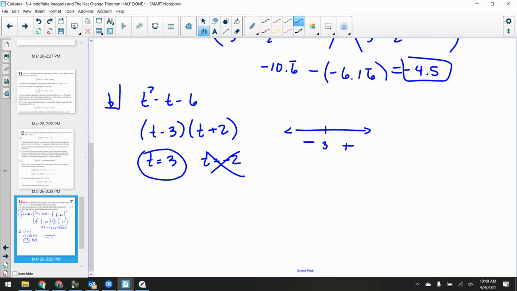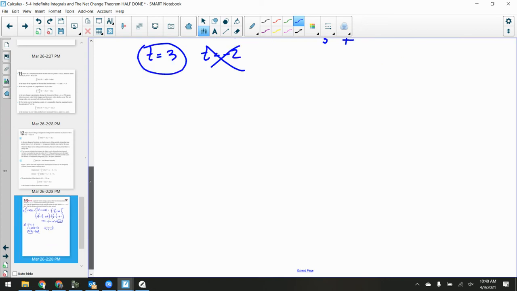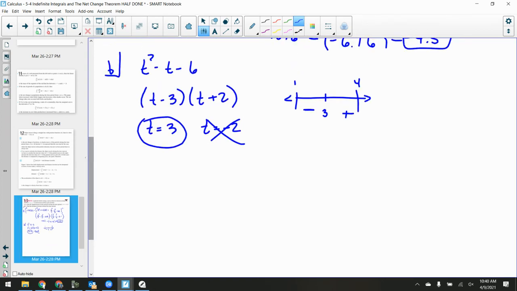What do I worry about? I worry about going from 1 to 4, right? So here's what I need to do. I need to turn my negative velocities positive, because that's going to give me my total distance traveled. So I'm going to take my integral from 1 to 3 and turn it positive.